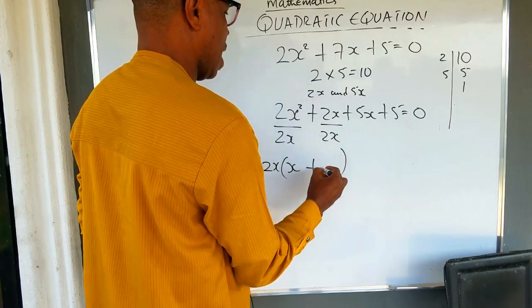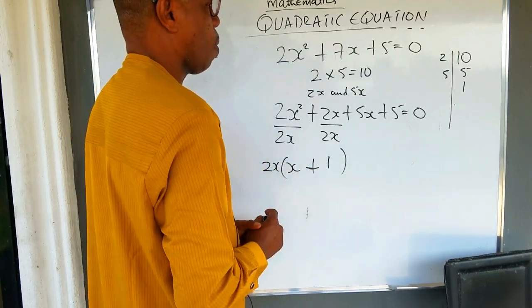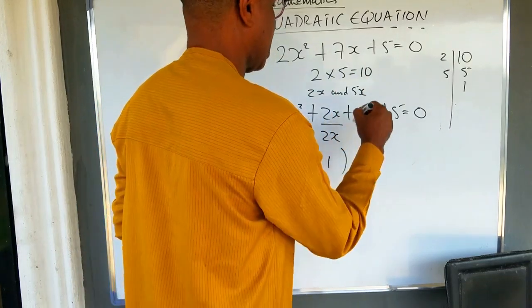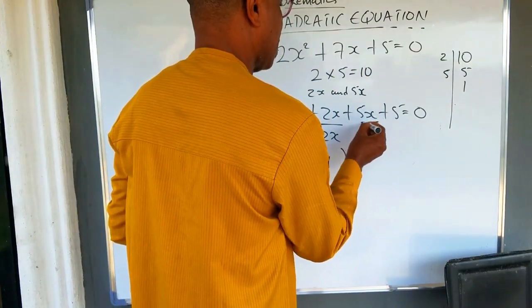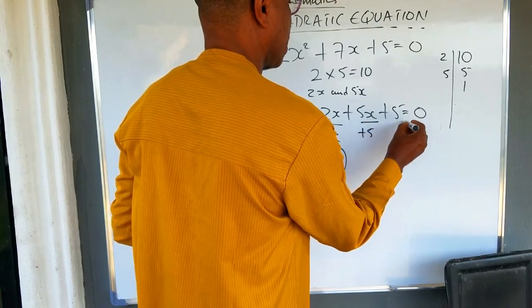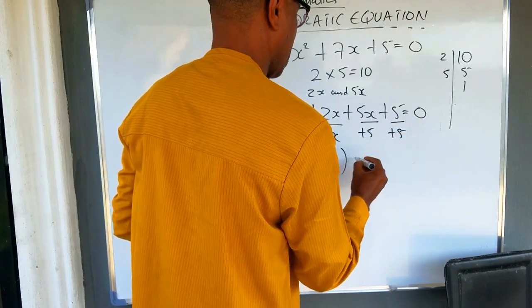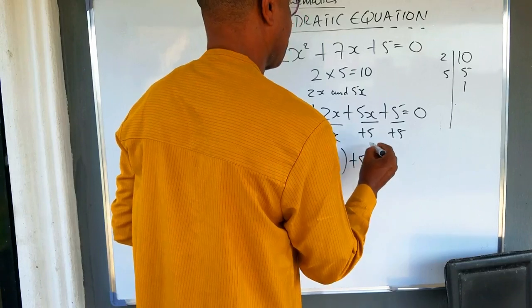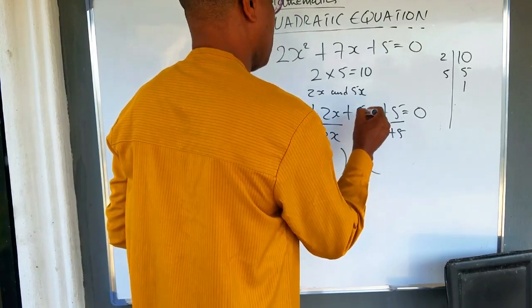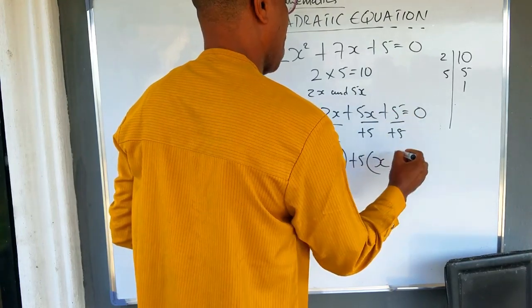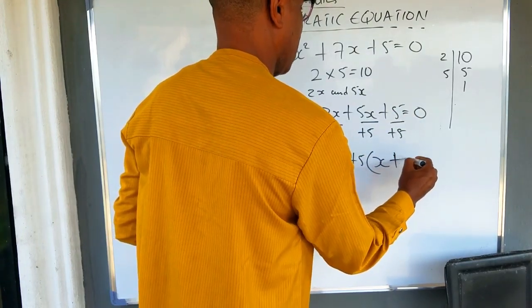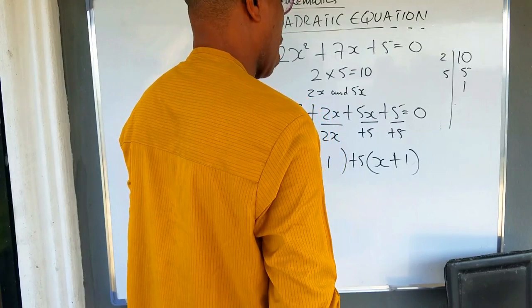Then 2x divide 2x, what I will have is 1. Then this side, because I have 5x and 5, I will divide it by plus 5 and plus 5. And I'll bring the plus 5 down. Plus 5 divide 5x, what I have here is x. Plus 5 divide 5, what I have is 1.